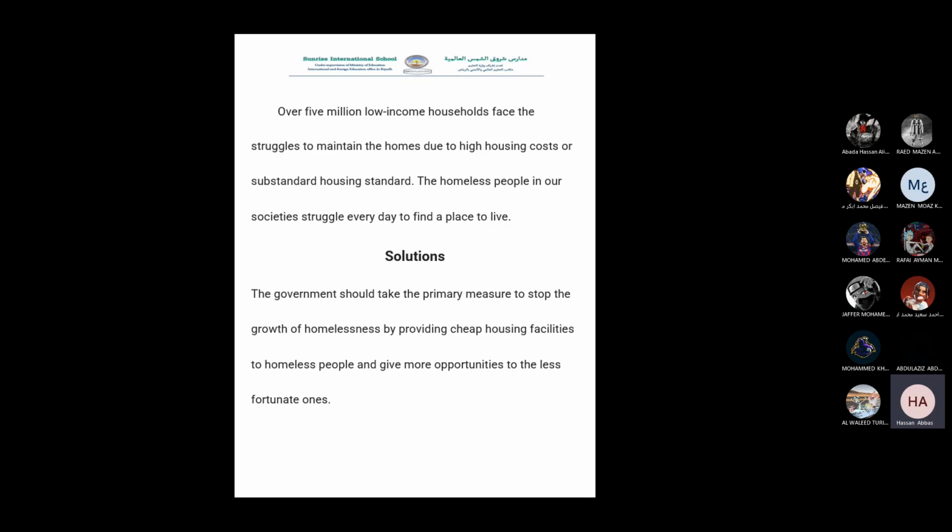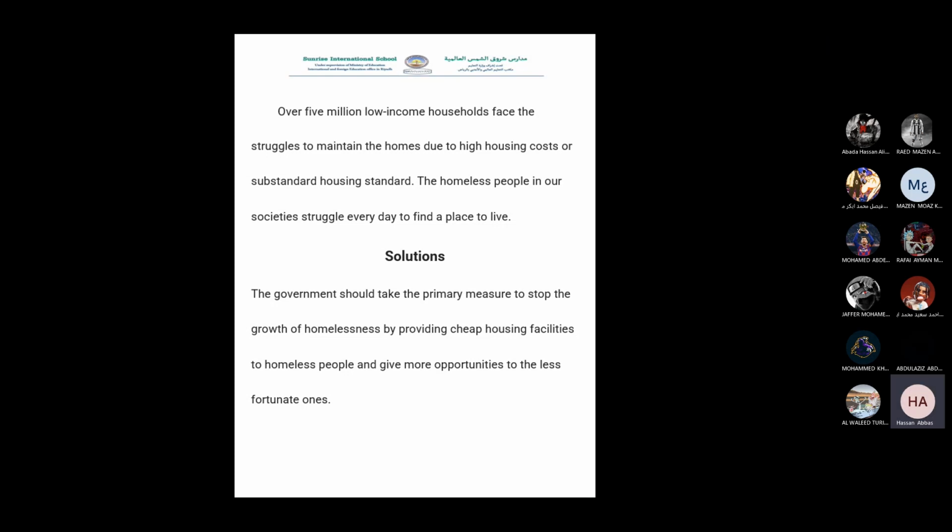The homeless people in our society struggle every day to find a place to live. Do we have any solution for that? Do we have solutions to solve this problem for them, to help them just live as human beings, as humankind in this world, not as animals? Even the animal has a house to live in, but they haven't.